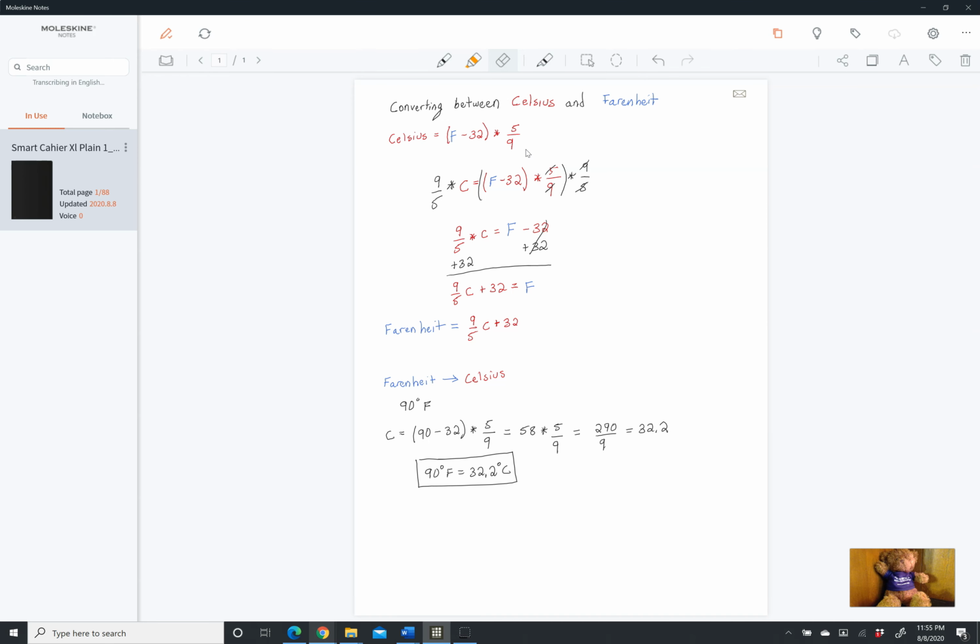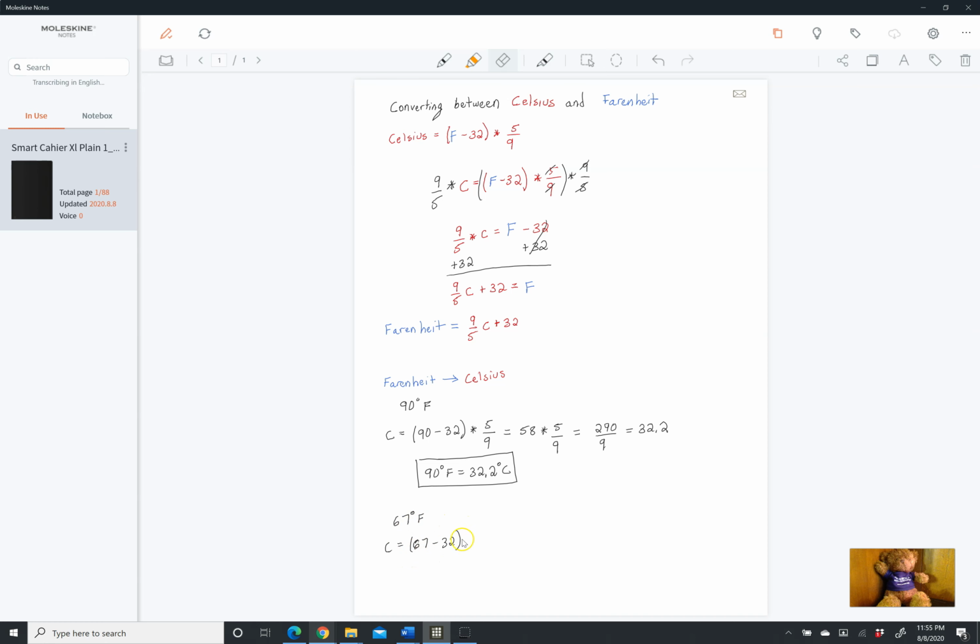Let's do another one. Let's do 67 degrees Fahrenheit. So once again, Celsius is equal to 67 minus 32. So notice it's the degrees in Fahrenheit minus 32, okay?